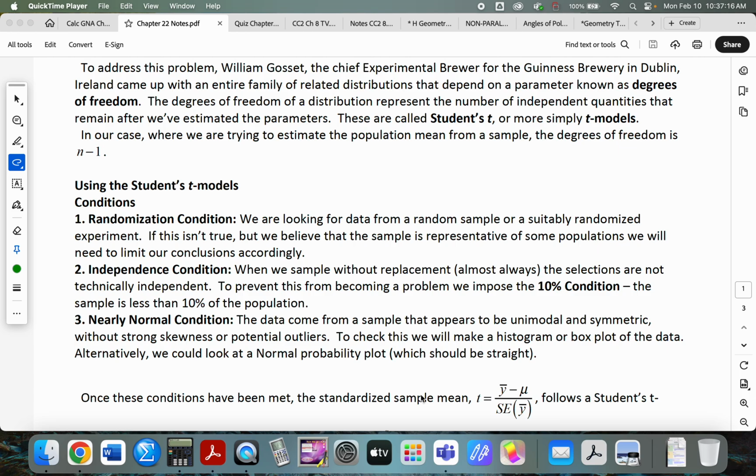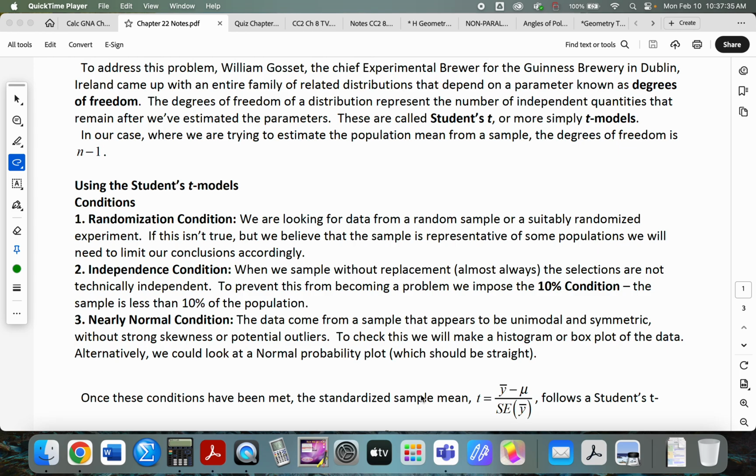The problem was that it was way too expensive to do this on a very large sample size. So he had smaller samples and he realized they weren't very normal.